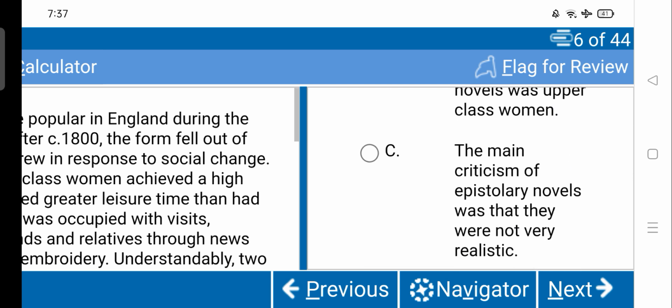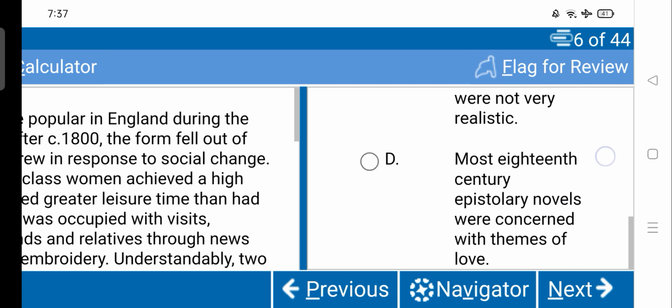Option C. The main criticism of epistolary novels was that they were not very realistic. Option D. Most 18th century epistolary novels were concerned with themes of love.